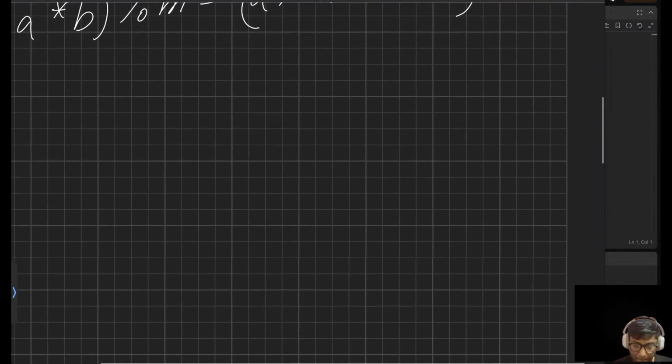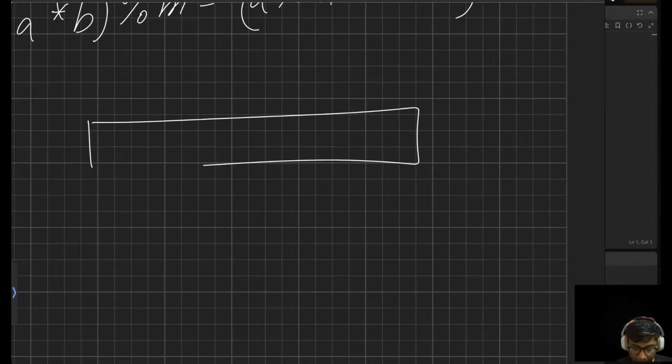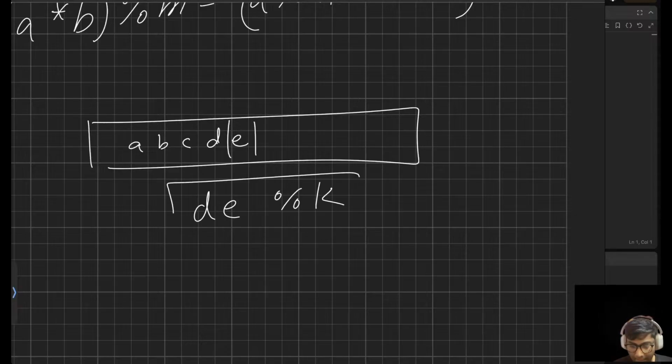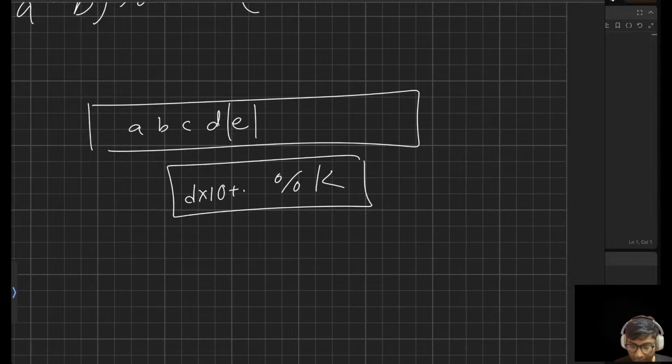It's like, let's say I have a number abcde. So e I am putting first, d e modulo k, and that's what we are doing, or we are doing d into 10 plus e modulo k.